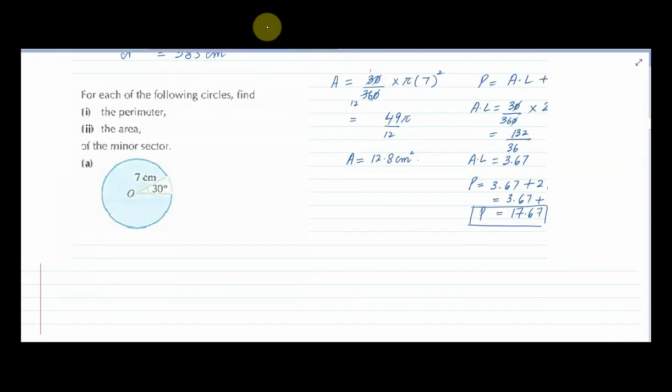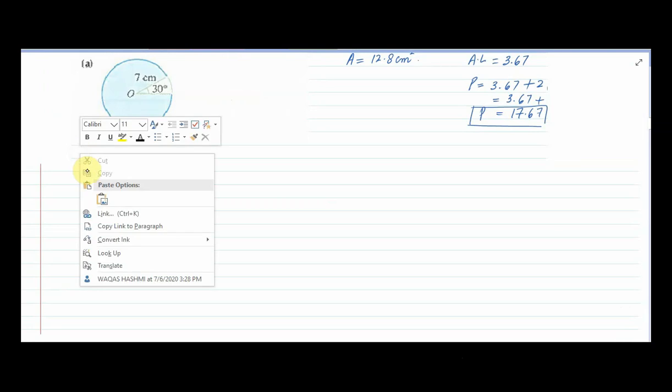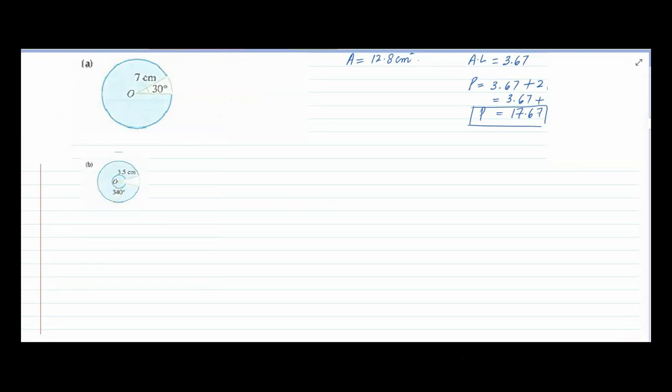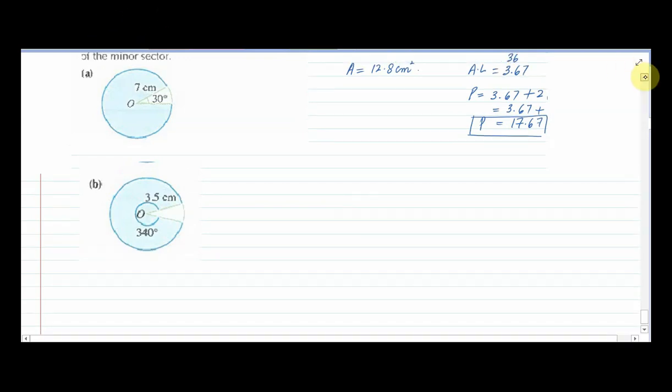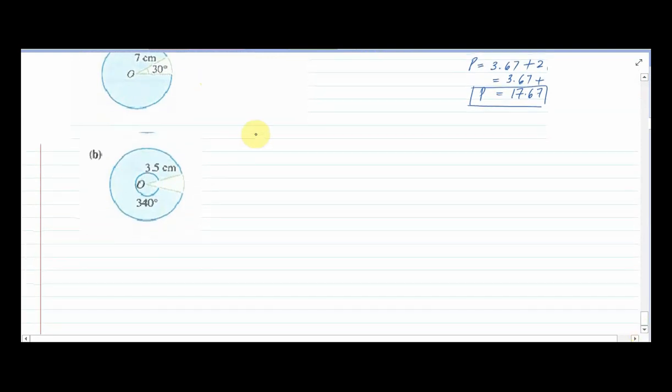Now moving on to the next part, that is part B of the same question. So first, try it by yourself. What you need to find is the area and perimeter of minor sector, right? So this 340 is greater than 180, means that 340 is a major sector.